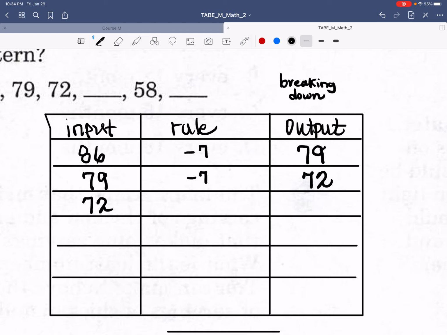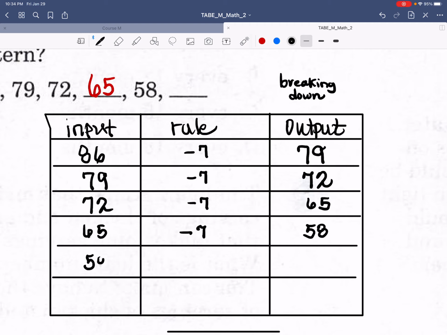79 minus 7, that's 72. 72 minus 7 is 65. So that will be this unknown. Then 65 minus 7, sure enough, that's 58.